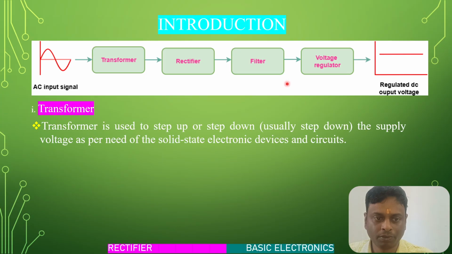First one is the transformer. In this case we are stepping down the AC signal as per the needs of our devices. At the input of the transformer you can see we have 220 volt AC.